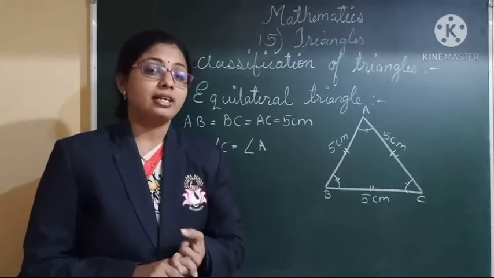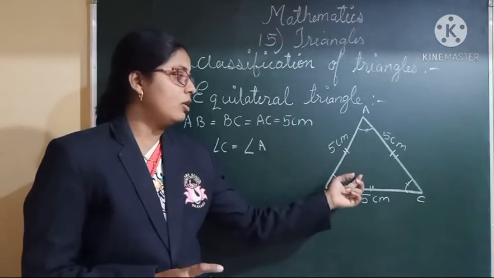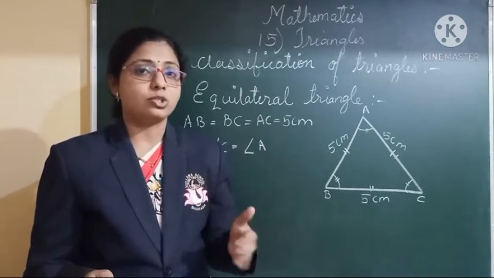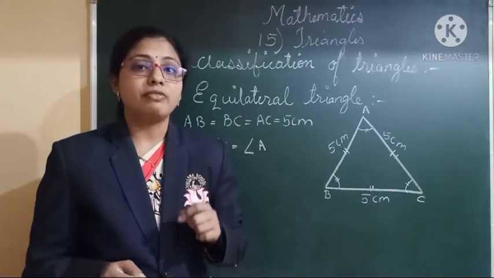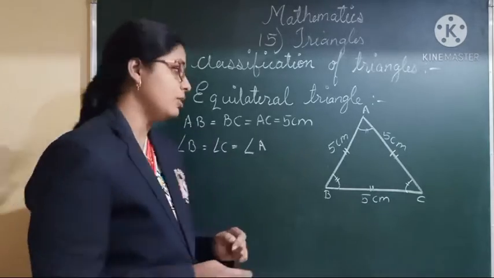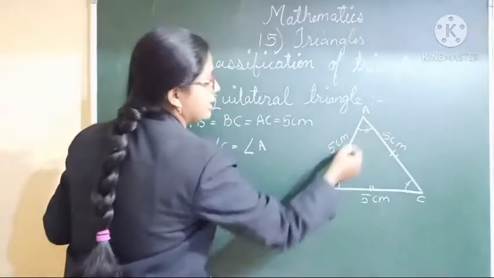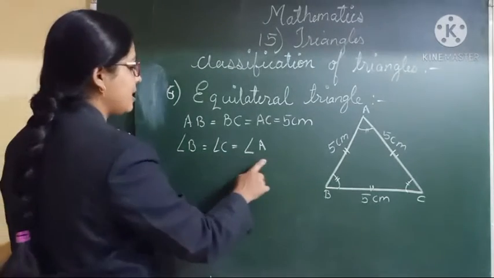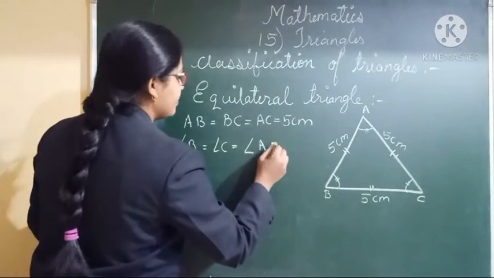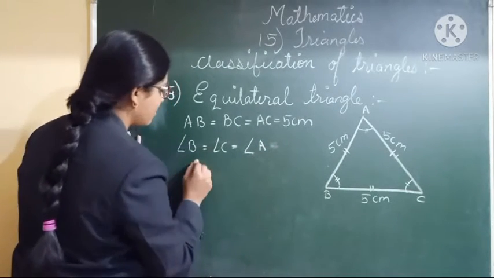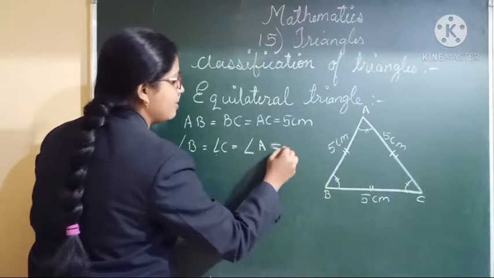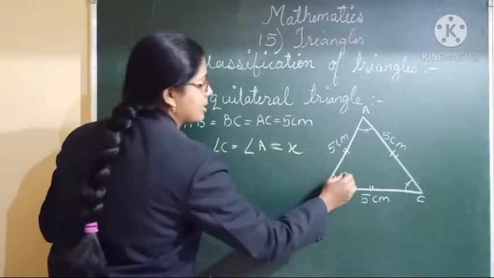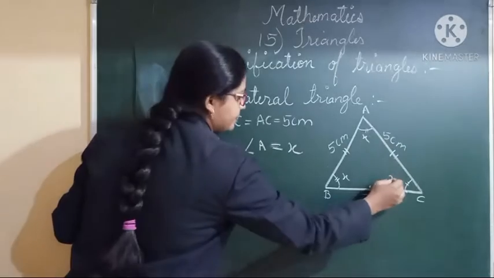Second thing, how do you find an angle of an equilateral triangle when no angle is given? We find it with the help of the formula: the sum of all the interior angles equals 180. We don't know the three angles, so I will consider each of them as x, since they are equal.